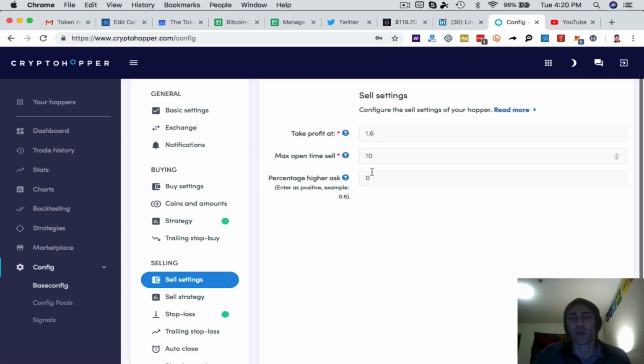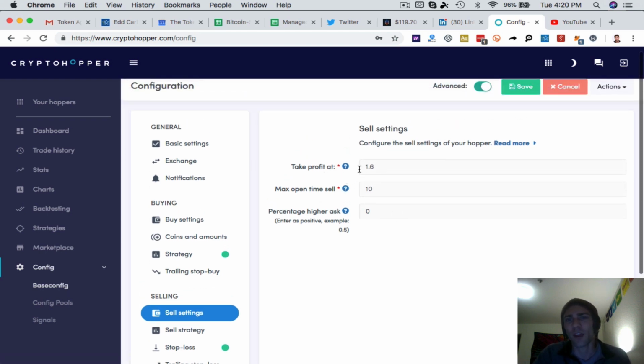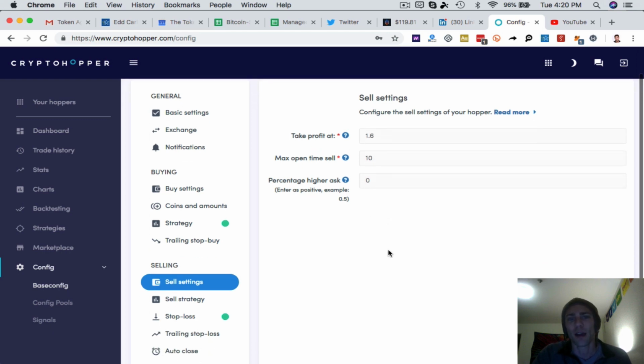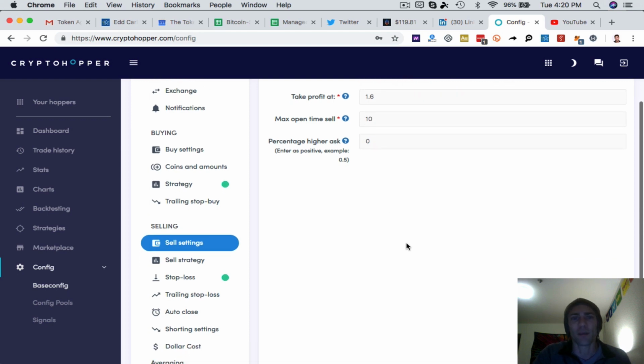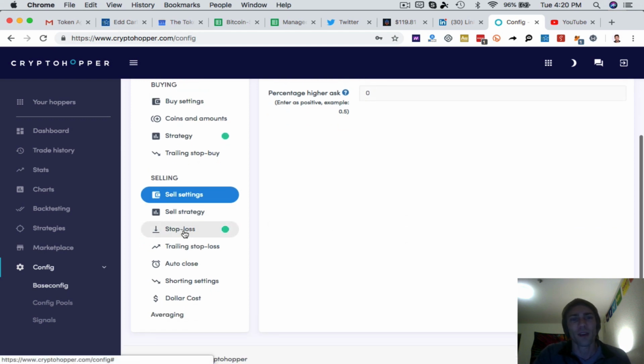Sell settings. Here's what I'm basically using now. I'm doing small profits, getting into the mindset of having the hopper just make a lot of consistent small trades, taking profits at 1.6%, and not asking for any percentage higher, leaving 10 minutes for an open time to sell.